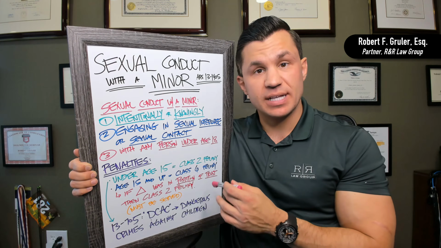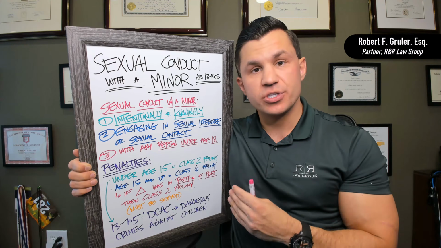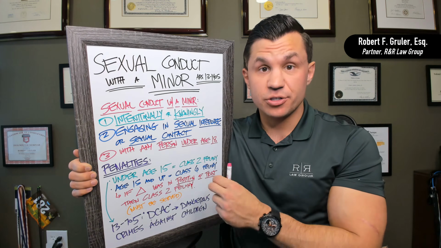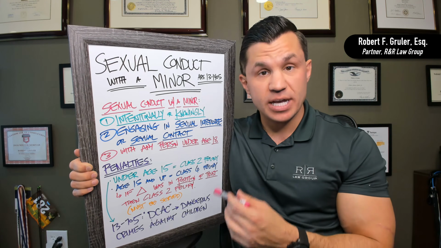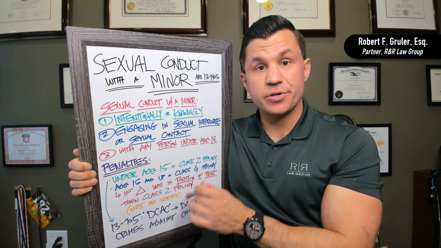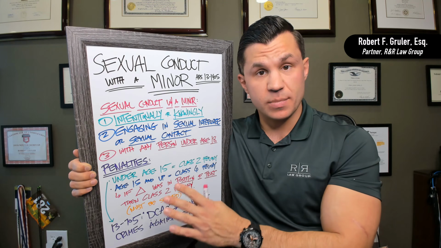It's going to turn it from a Class 6 into a Class 2. It's going to really harshly and severely penalize them because they're considered to be violating that trust. It also must be served, meaning there will be time served in jail depending upon your record, or prison in this case. So you want to be certain that you understand how this all works if you're being charged with sexual conduct with a minor.